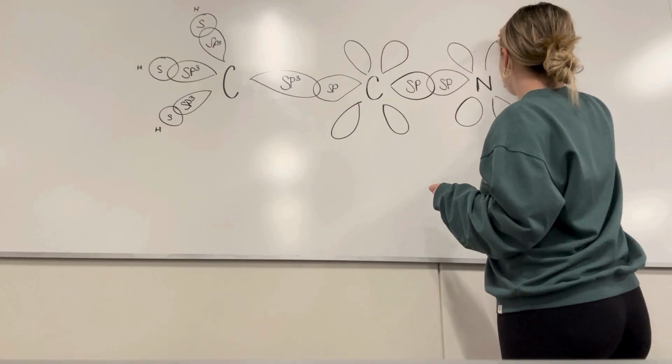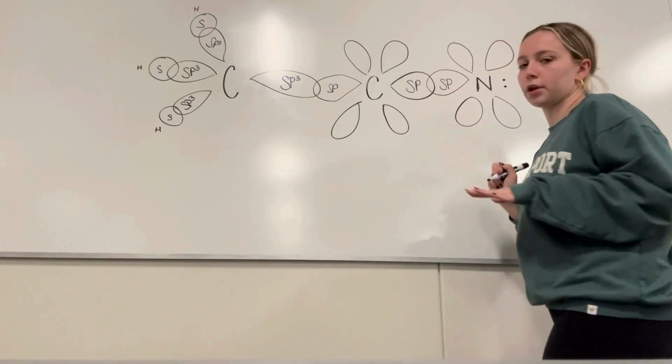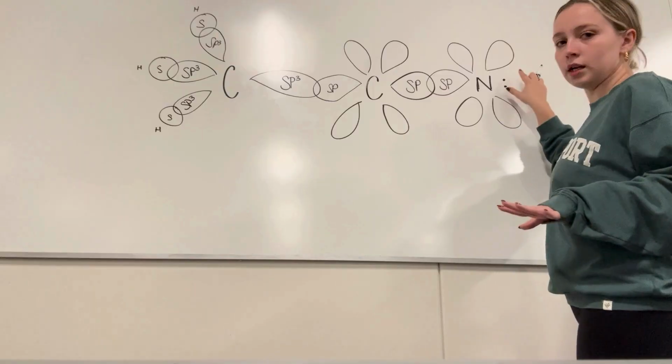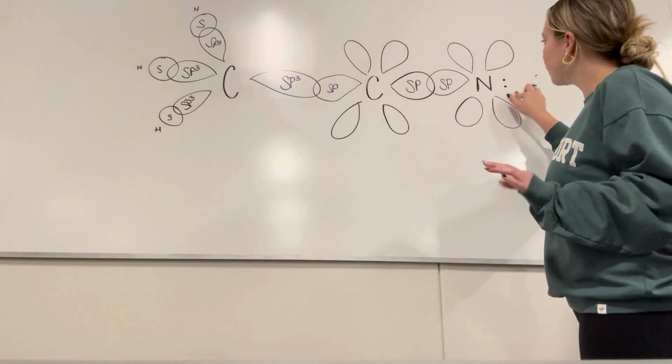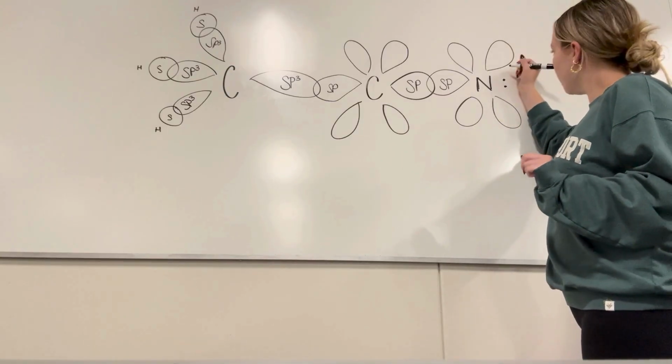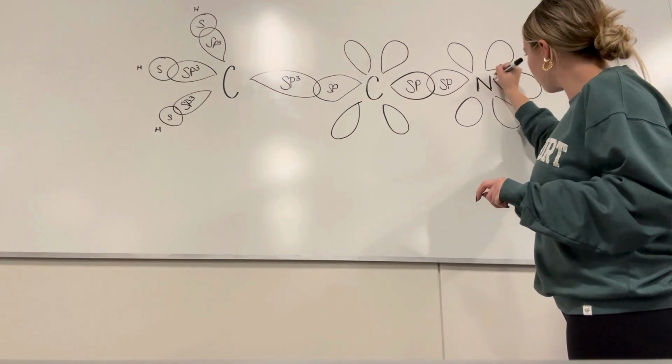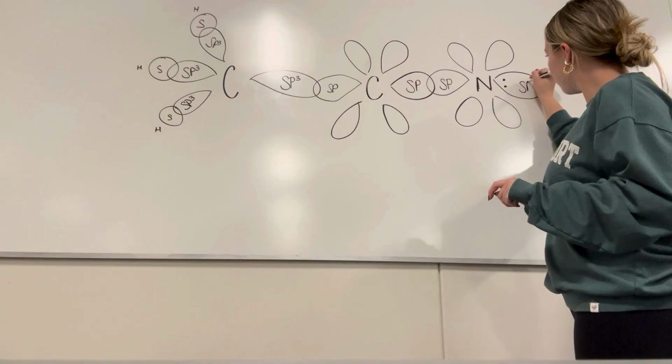Okay, that doesn't look great, but we're gonna go with it. Okay, and then the lone pair down here is also in the sp orbital. So I'm just gonna write that in here.